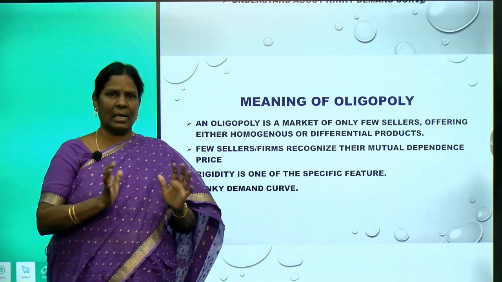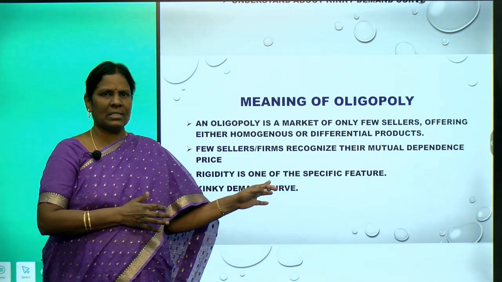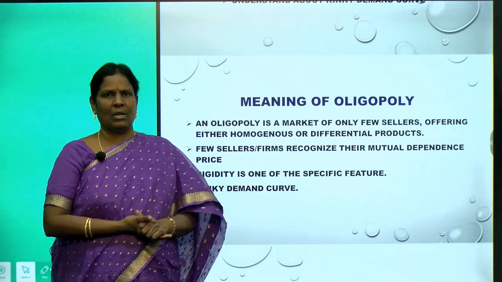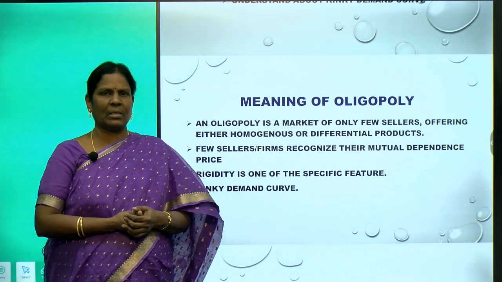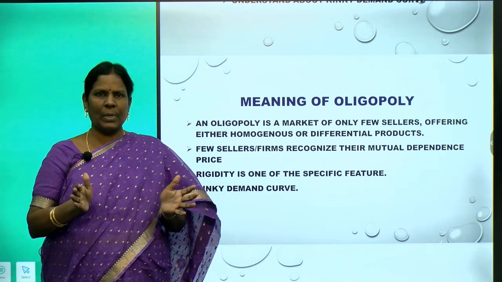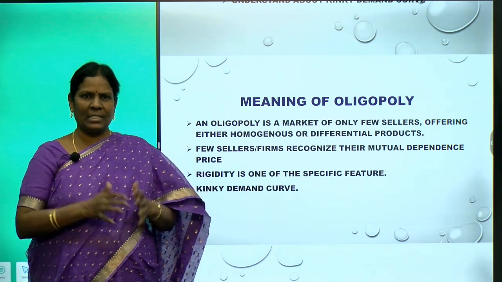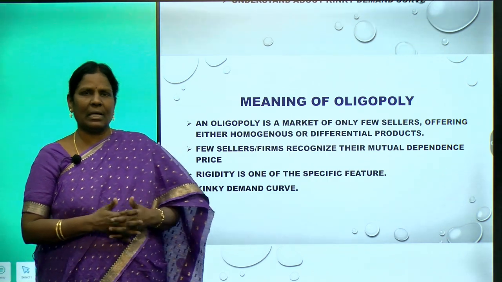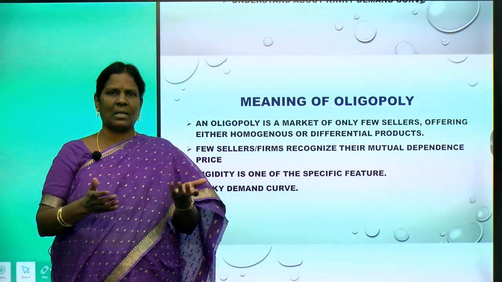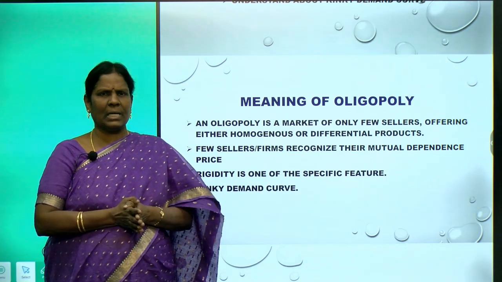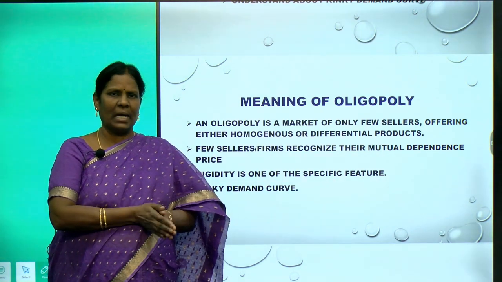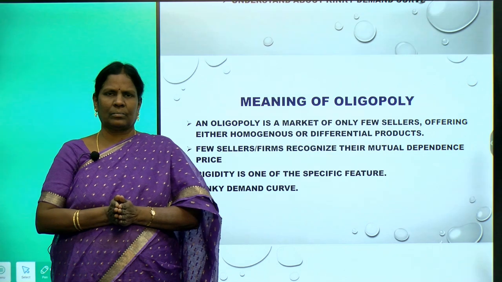I hope you have understood the meaning of oligopoly. Once again I repeat: oligopoly is a market situation in which the number of sellers or firms is very limited, in the sense the number varies from 2 to 10.